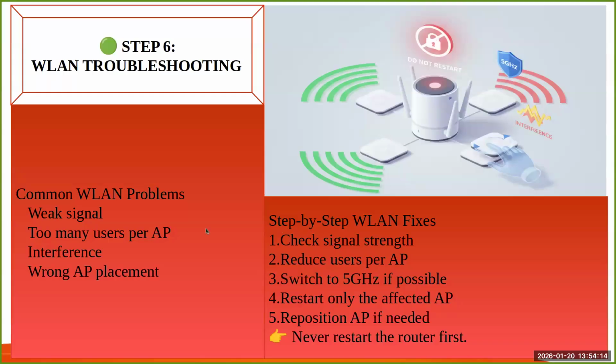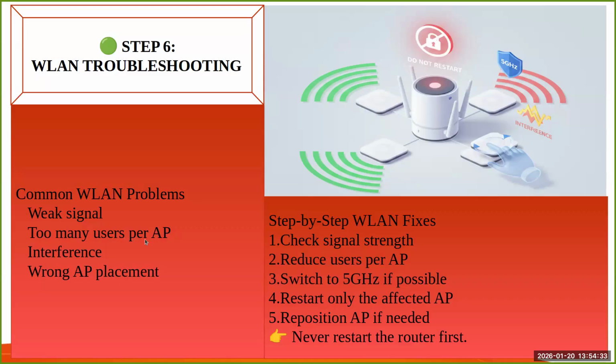Now, how do you troubleshoot that? Each of these problems has step-by-step WLAN fixes. Check the signal strength. If the signal is weak, move around and check. The people at the front, how many bars are they receiving? People at the back, how many are they receiving?